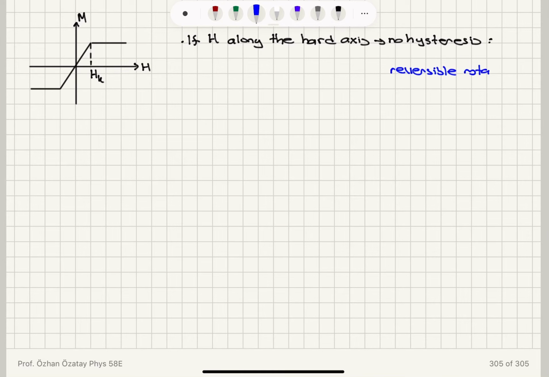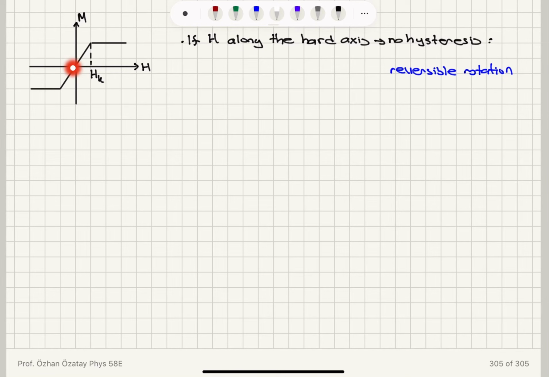It's the coherent rotation of the magnetic moments. As soon as you remove the magnetic field, the anisotropy will dictate the magnetization direction.